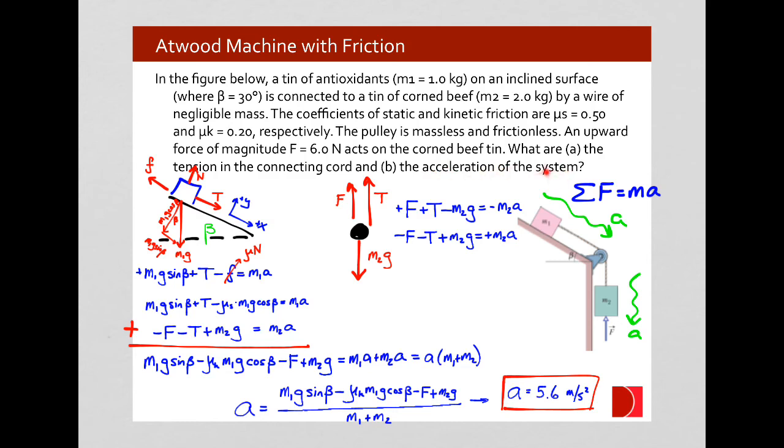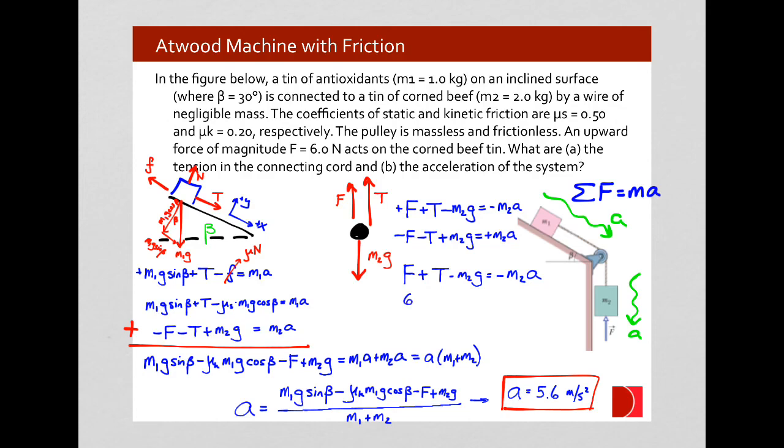Once we know the acceleration of the system, we can go back and find the tension. Basically, we could use either single equation. This situation is much simpler, and so it's easier to say that the external force plus tension minus m2g equals negative m2a.